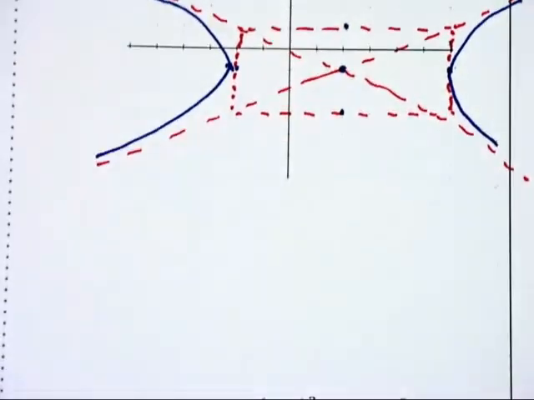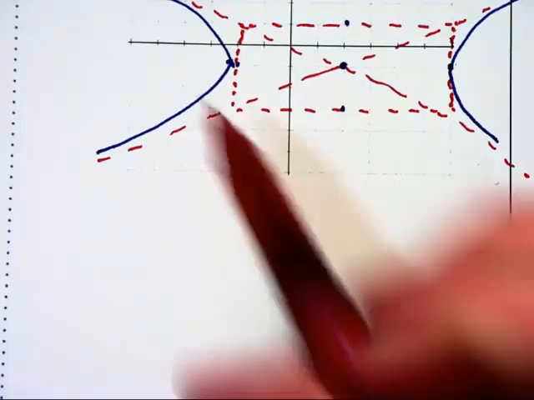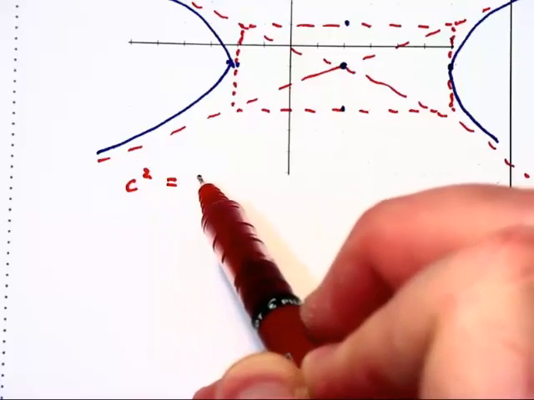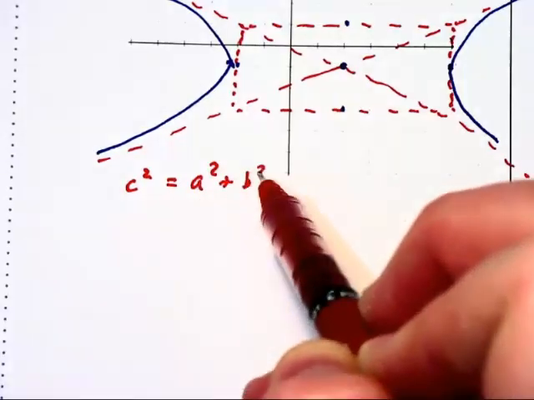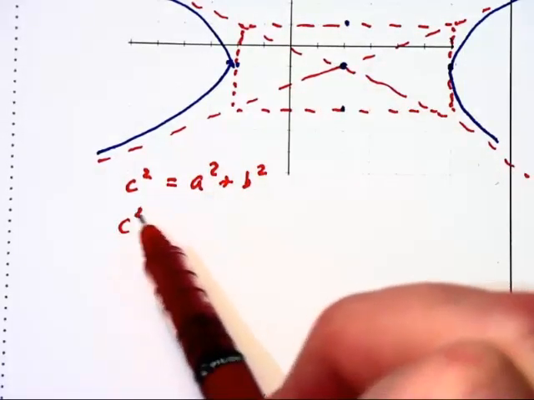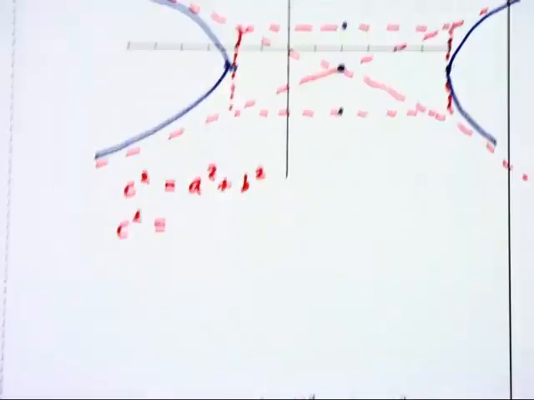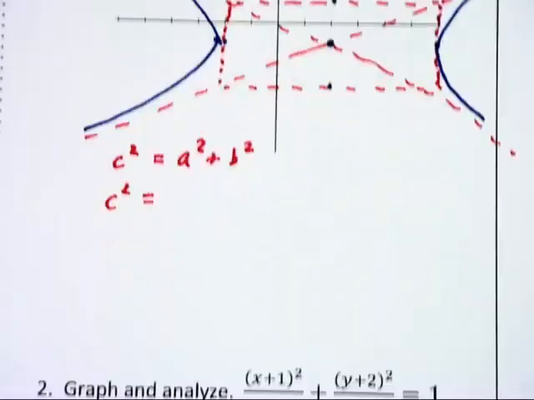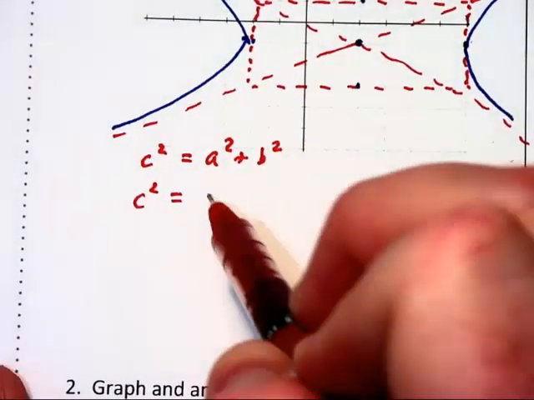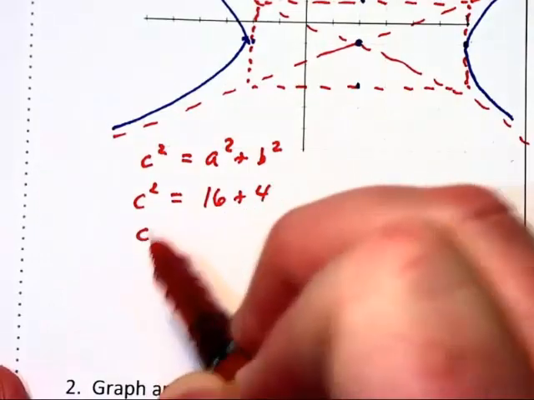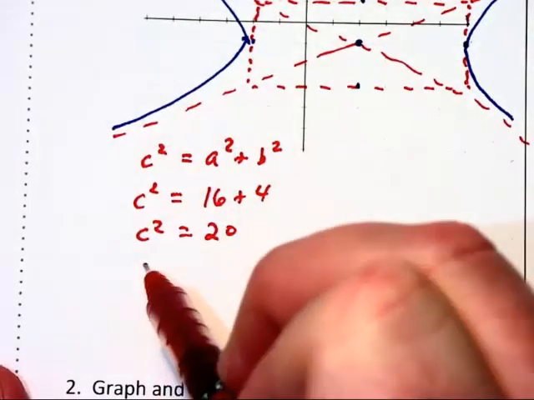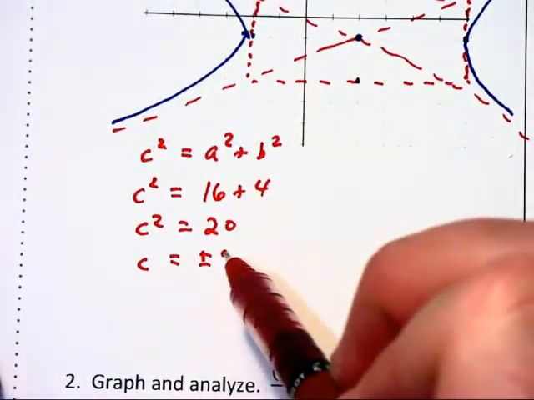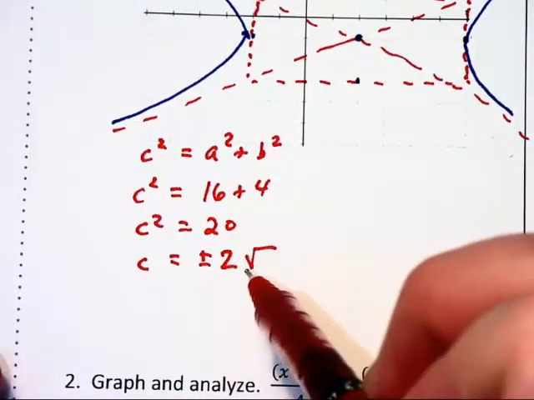As far as the foci are concerned, we need to look at c squared being the sum of a squared and b squared. And we do know already what a squared and b squared are. In the original problem, that's our two denominators. So we are going to add 16 and 4 and get c squared equals 20, which tells us when we square root both sides that c will be plus or minus 2 root 5.